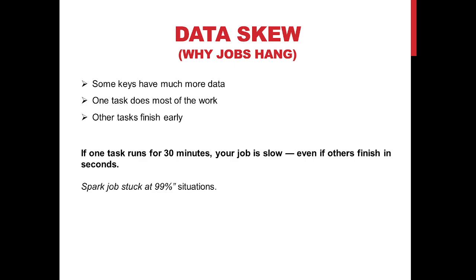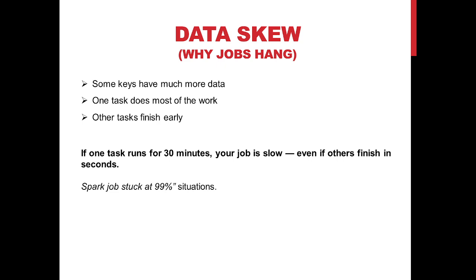Now let's talk about something every Spark engineer has faced, that's data skew. Some keys have much more data than others. One task ends up doing most of the work while others finish early.